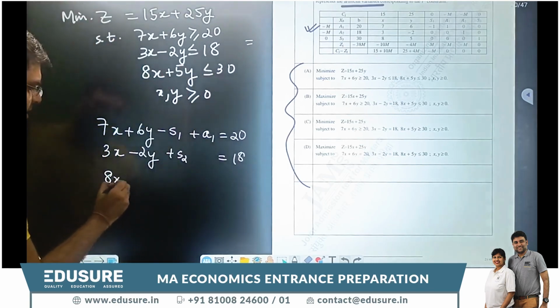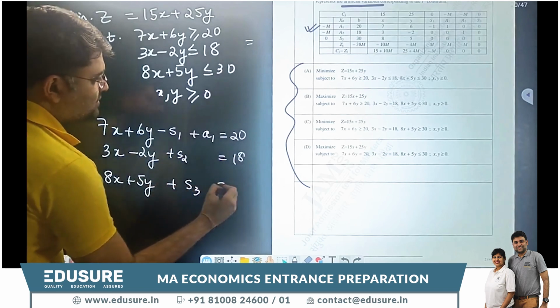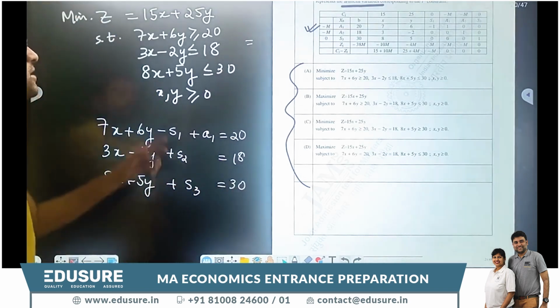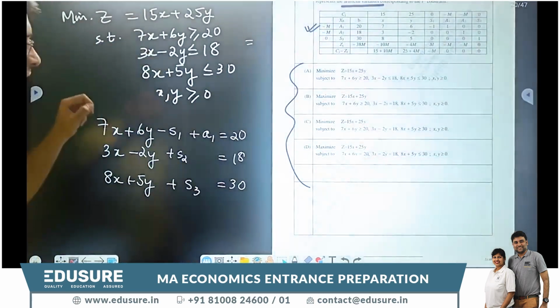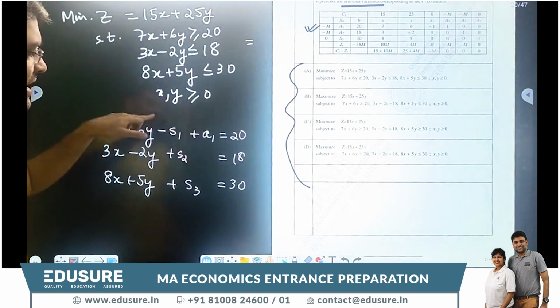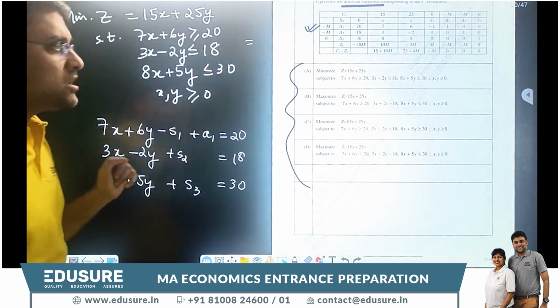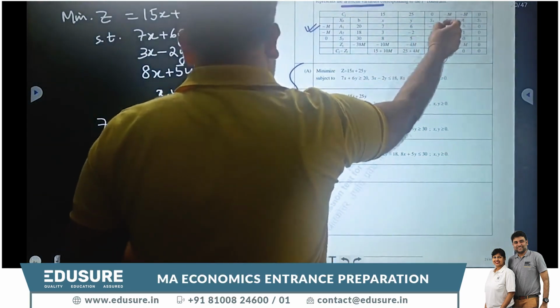Last but not the least, 8x plus 5y plus s3 is equal to 30. So in this case, in the constraint itself, I have only one artificial variable and I have three slack variables. Look at this, minus s1 plus a1.